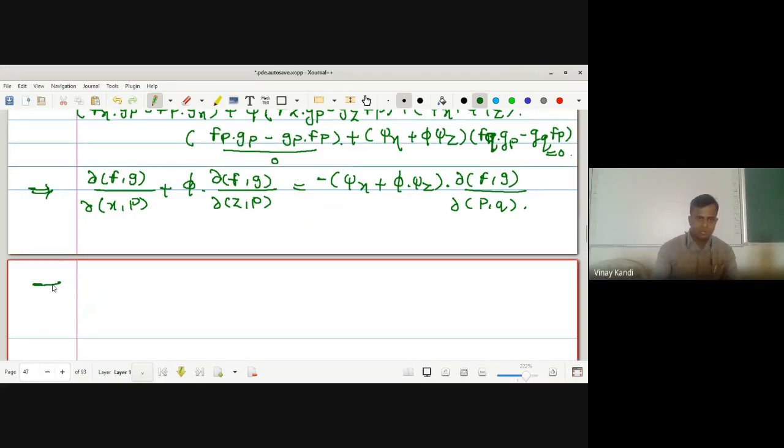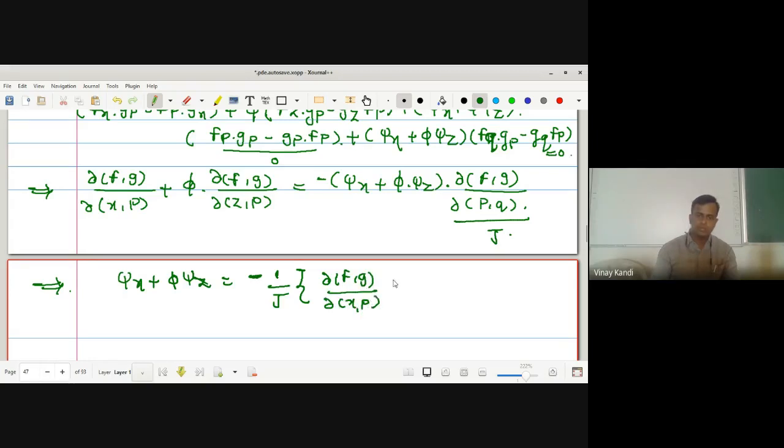Now, which implies the value of this one is psi x plus phi psi z is equal to minus, say this is the j term, minus 1 upon j into the bracket of Jacobian of fg with respect to xp plus phi into Jacobian of fg with respect to zp.